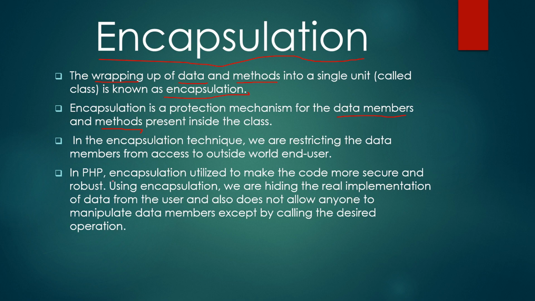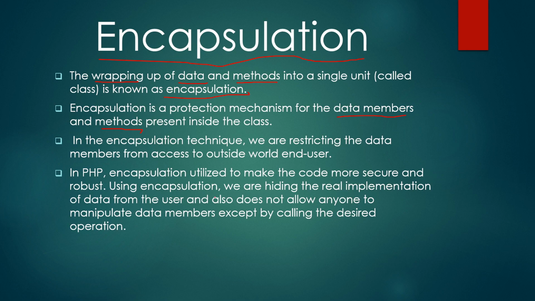In PHP, encapsulation is utilized to make the code more secure and robust. So basically, we are just providing security to our variables and methods. So that's why it makes the code more secure and robust.